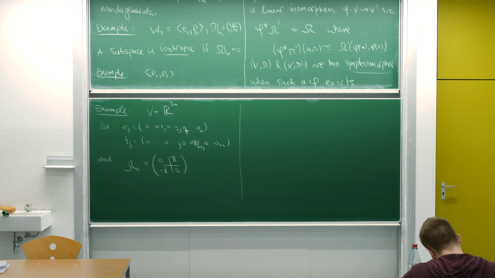it's kind of interesting to wonder, what does a symplectomorphism from V to V look like? In matrix form.